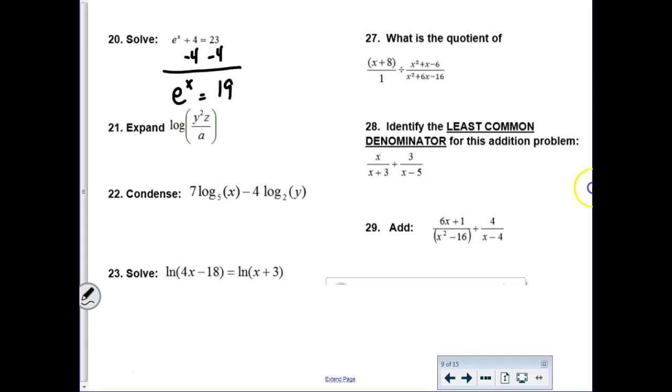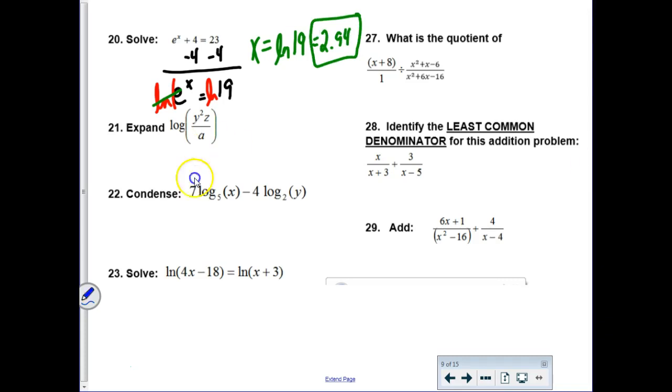Now, I have to apply a logarithm or a natural logarithm. Which one would be brilliant in this question? A natural logarithm, because it cancels over here on the left side. And you get x equals the natural log of 19, which is something, 2.94? And yeah, you're going to need a calculator to be able to type that one in, but same idea.